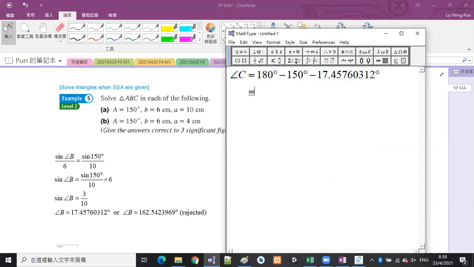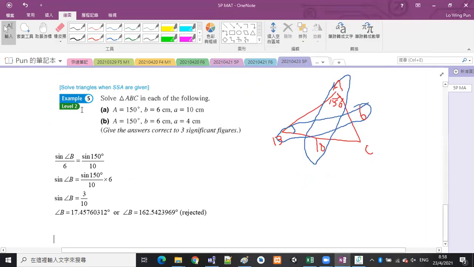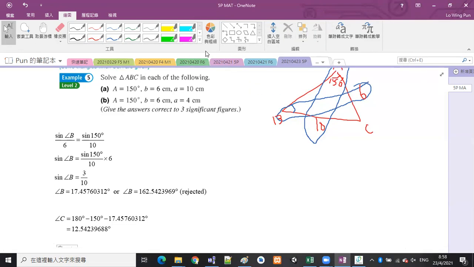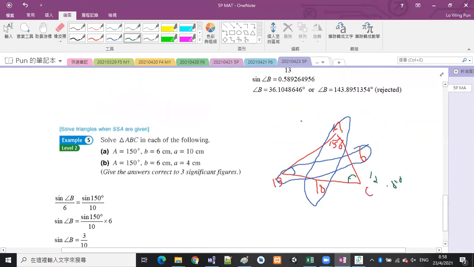And that should be equal to 12.54239688 degrees. This is our angle C. Can you get this? And then we can use this pair.